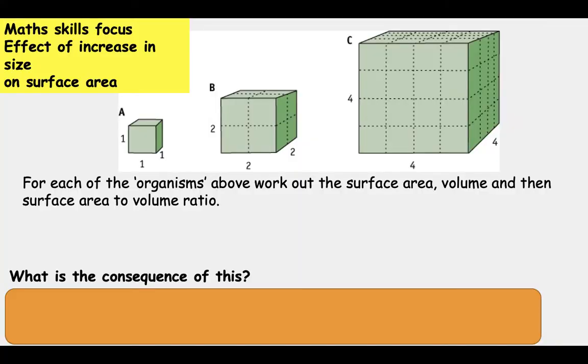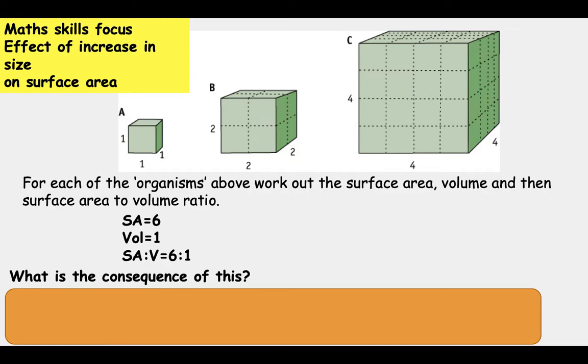So here we go, I've got the same cubes again, this time however the big one is 4x4x4. So in the first cube, which is 1x1x1, I work out the surface area by working out the area of each face. So to do that I would do 1 times 1, which is 1. As there's 6 faces on my cubes, I times that by 6. So for cube A the surface area is 6.